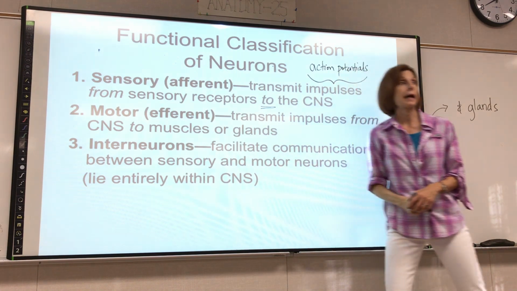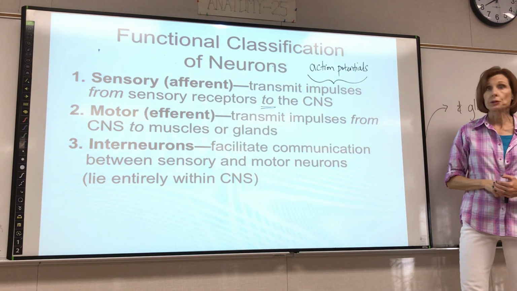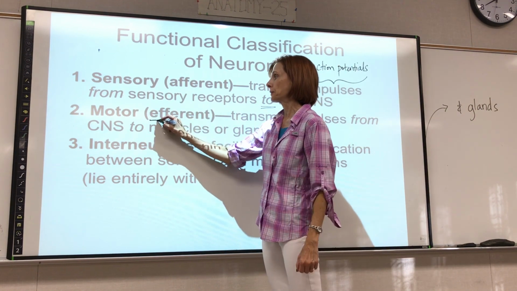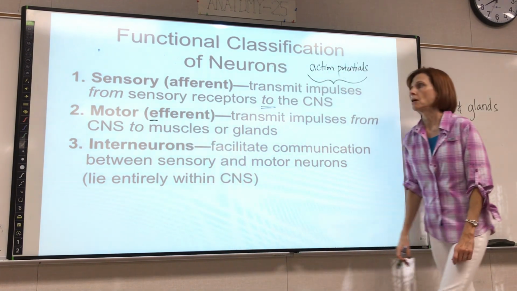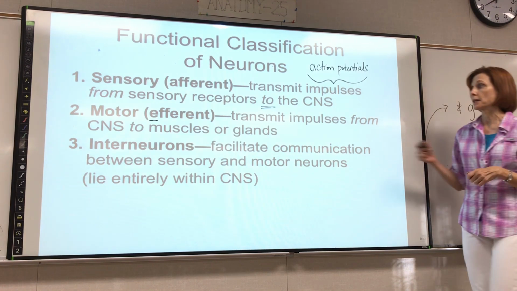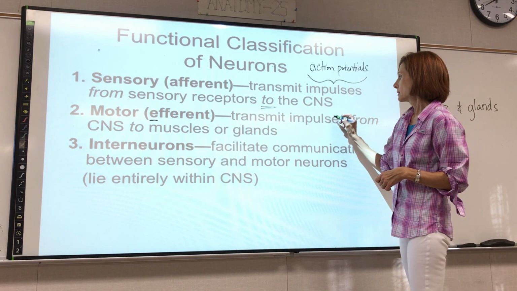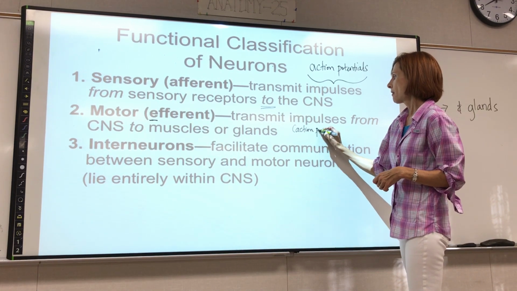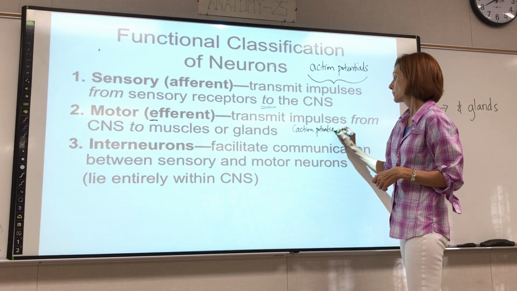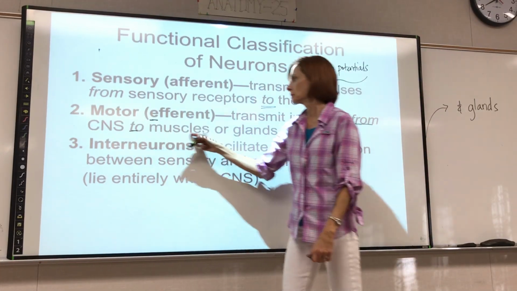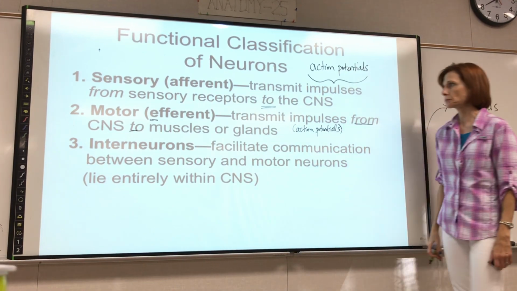You can also say afferent neuron instead of sensory neuron. Okay, motor is also referred to as efferent, okay? We already know that motor neurons are the neurons that carry action potentials, okay, or impulses from the CNS to muscles or glands.